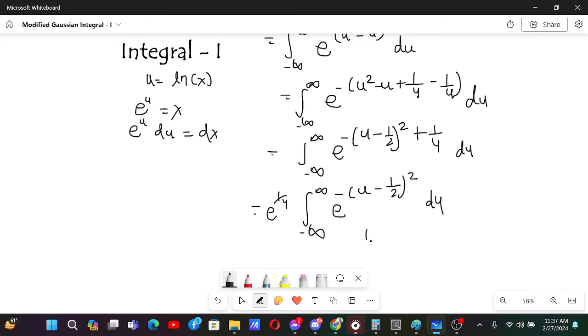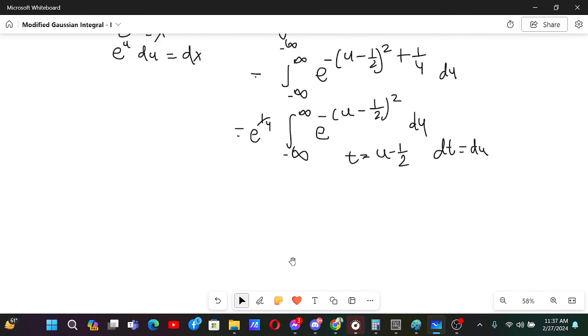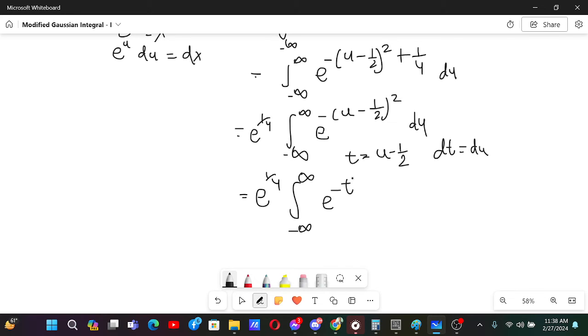Now I can substitute t equals u minus 1 by 2, and that will still give me dt equals du. So now we have e to the power 1 by 4, and then the integral still going from minus infinity to infinity of e to the power minus t square dt. Now this is also the Gaussian integral.